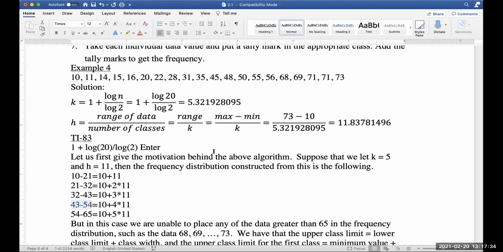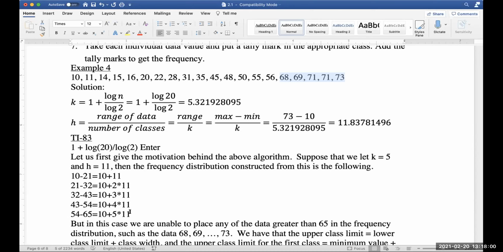Yes, there are 5 classes, 1, 2, 3, 4, 5 classes, yes. But it ends at 65. I can't include any of those numbers in this frequency distribution. So therefore, it doesn't work.